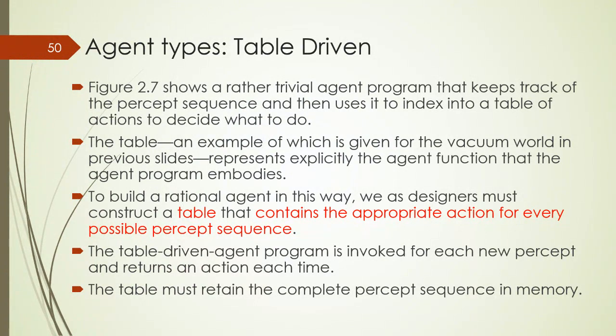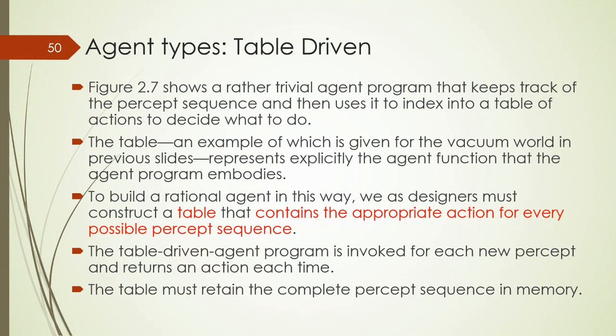You have a sequence of states and actions. The table, an example of which was given for the vacuum world in the previous slides, explicitly represents the agent function that the agent program embodies.